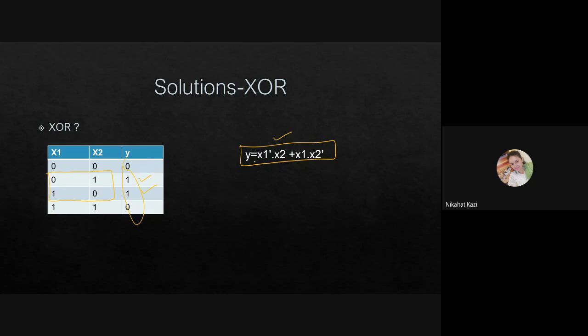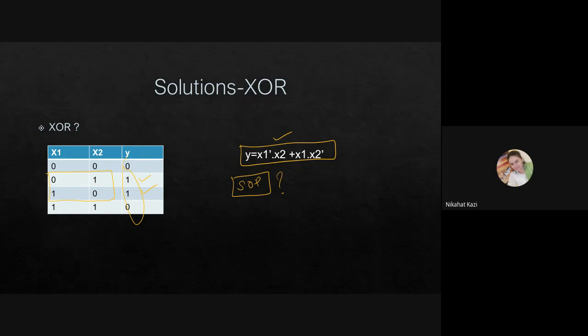You remember sum of products? Yes. You express it in that form. You will get an equation in terms of the basic logic gates that we have, AND, OR, NOT. So it is x1 bar x2 plus x1 x2 bar. So that is the solution for XOR.